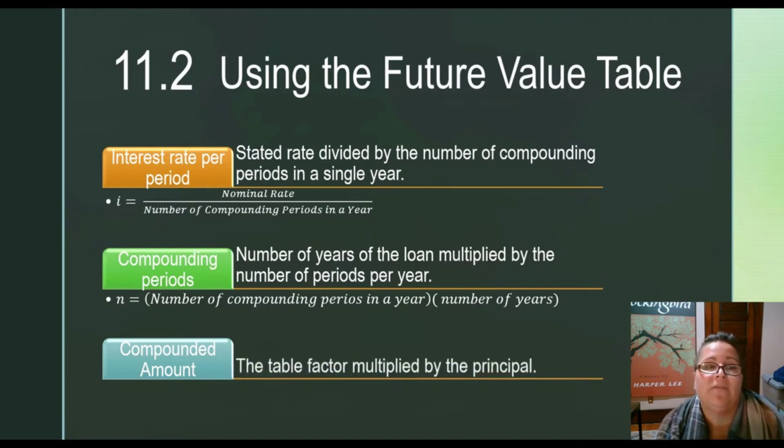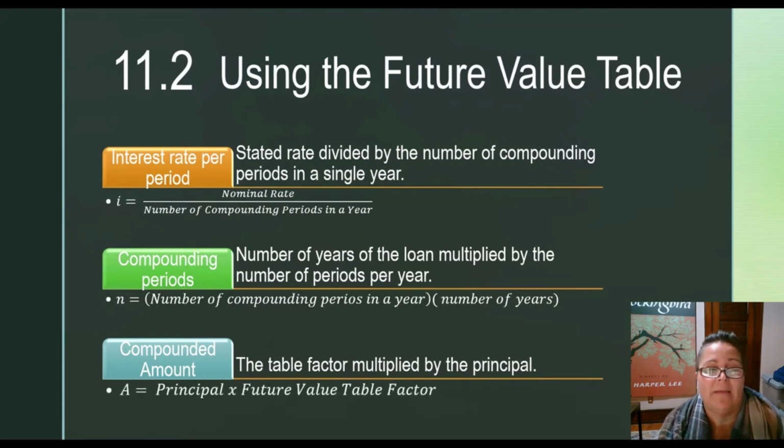Lastly, you have to be able to find the compounded amount. This is the principal multiplied by the table factor. So the compounded amount, also sometimes called the future value or the goal amount, should be the principal times the future value table factor.